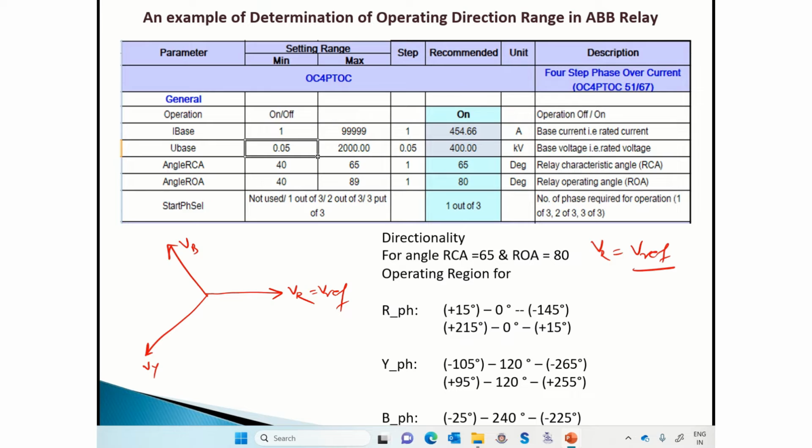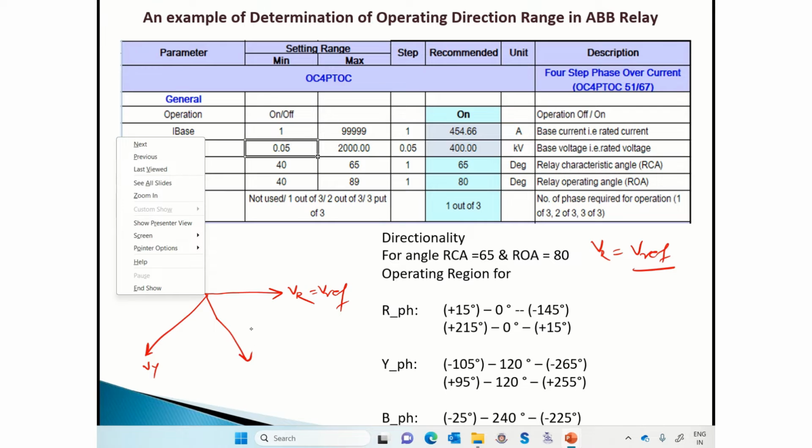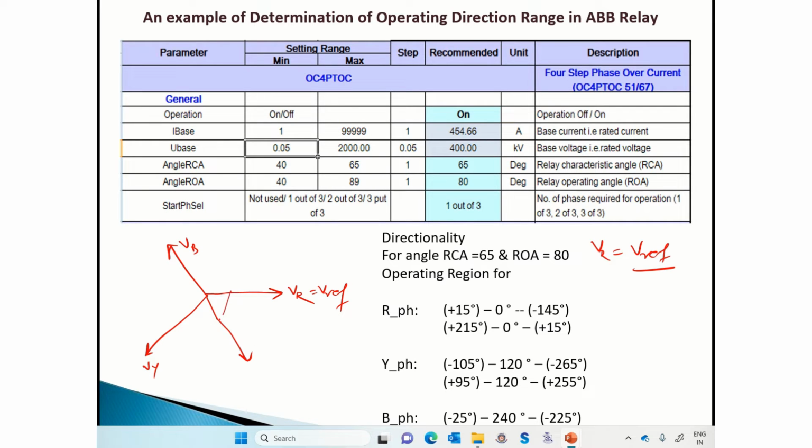Then the next thing is for R phase, we have to now draw the IF, and IF is to be drawn at the RCA angle, which is 65 degrees, and this 65 degrees should be lagging. So this is my IR, or I can say it as I direction in terms of this relay, or we can say IF.